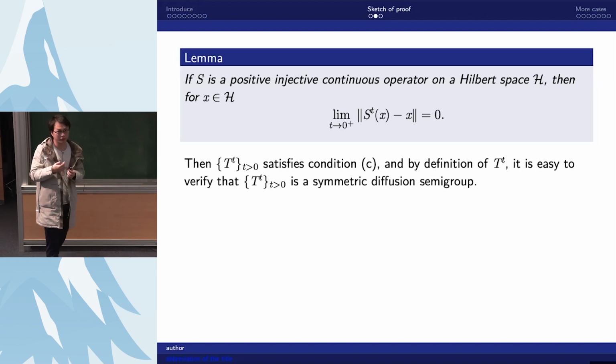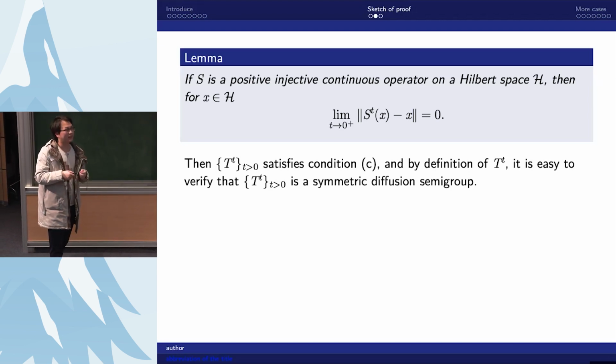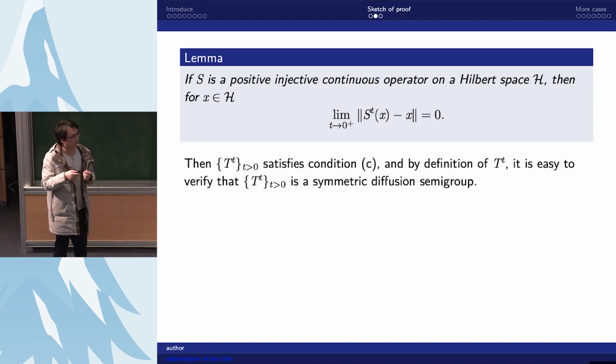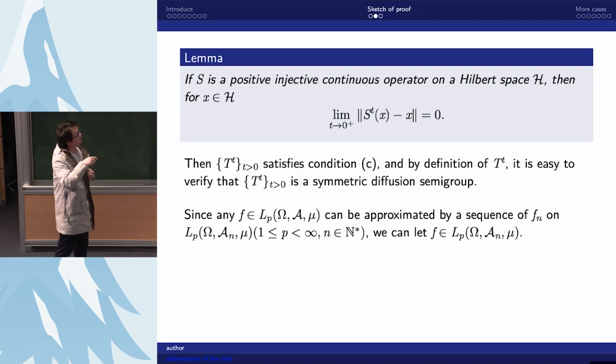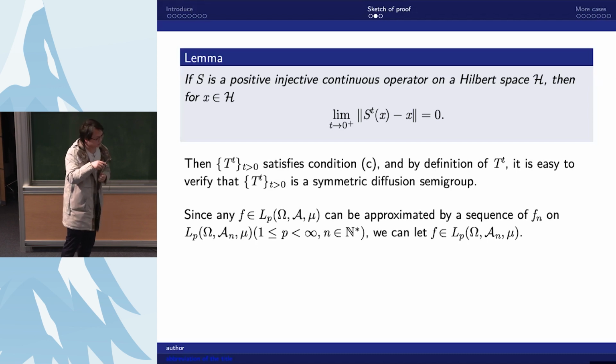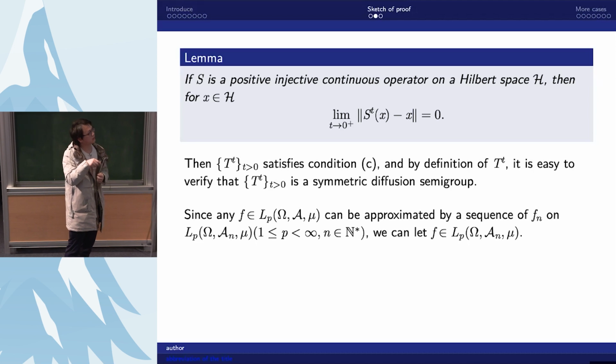Then what we need to do is to get the pointwise equivalence. Since any f in LP can be approximated by a sequence Fn in LP, restricted on every sigma subalgebra An, we can take F just in this restricted LP space.